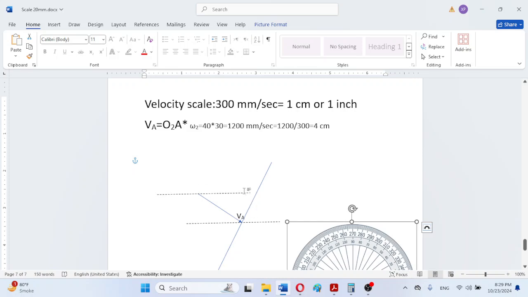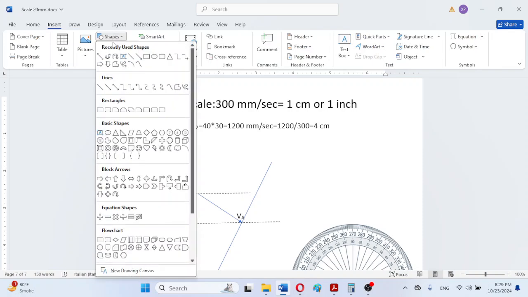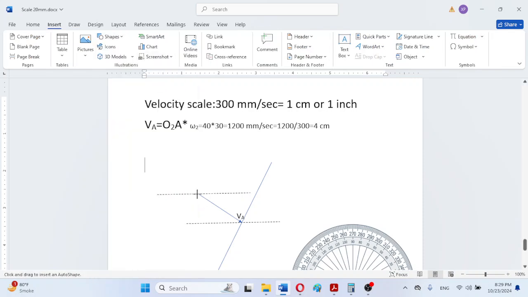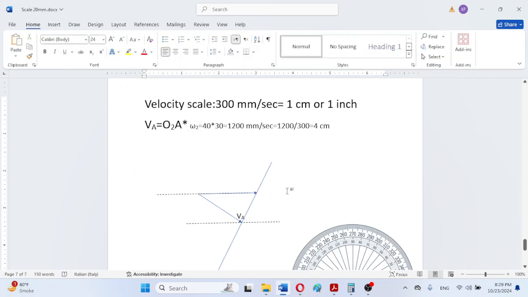So we can simply draw, and we also know its correct orientation. So here like this. So the intersection is at this location.